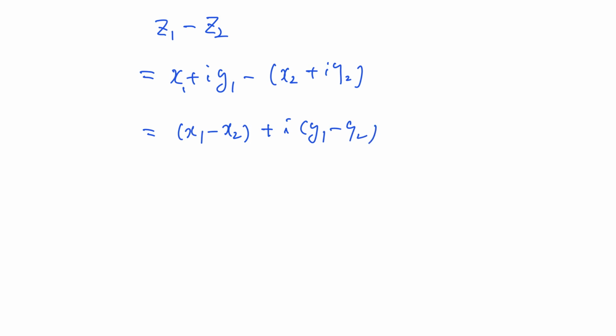So it turns out that x1 - x2 also belongs to the real numbers, right? And y1 - y2 also belongs to the real numbers. So it has to be within the complex numbers. So we can say that for two complex numbers, we can define subtraction, and the result is, again, a complex number, right?